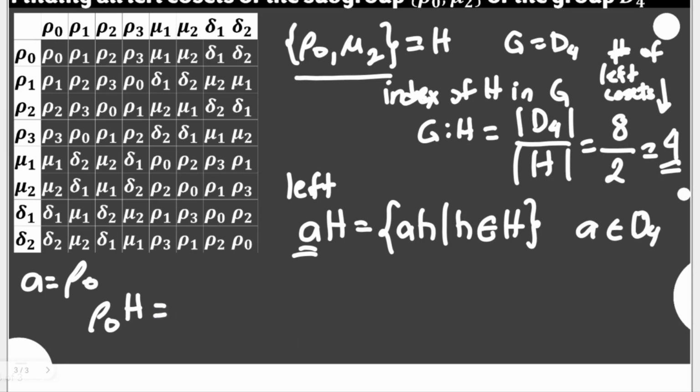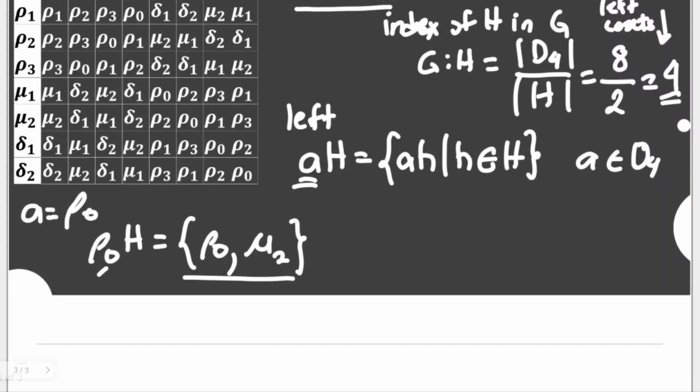So we're going to operate rho sub 0 to all the elements of H. The first element is rho sub 0. Rho sub 0 and rho sub 0, the result is their intersection in the table, rho sub 0. And then rho sub 0 operated with mu2, the result is also mu2. No need to worry about that, because our first element of D sub 4, rho sub 0, is our identity element, that's why we return to the same. That's the first one.